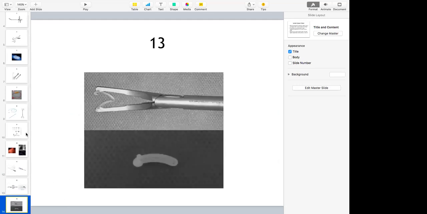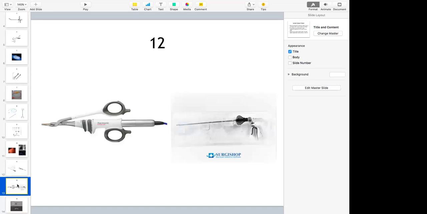What is the energy change that occurs in a harmonic device? Sound energy to heat energy. Ultrasonic to heat energy. What is the frequency? That is ultrasonic energy.